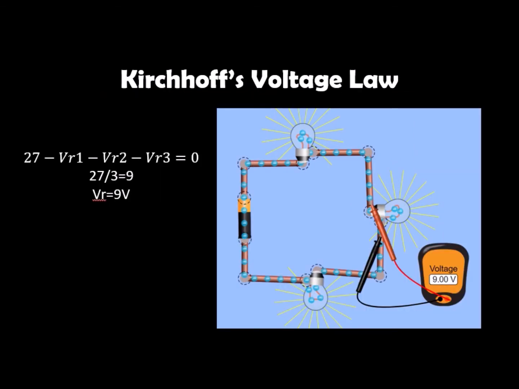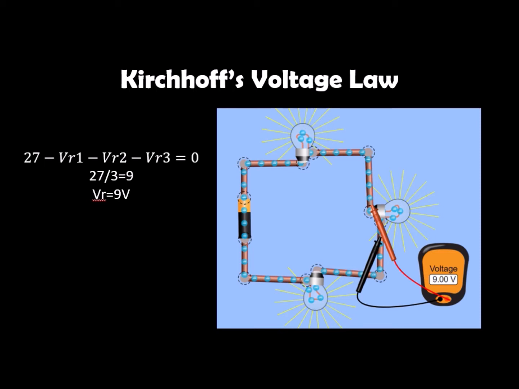Now, we're going to use Kirchhoff's voltage law in order to find the voltage of the light bulb. Here the voltmeter is telling us that the voltage of the light bulb is 9 volts. But how can we prove it? Well, with this law, which says that the sum of voltages around any closed loop is 0.